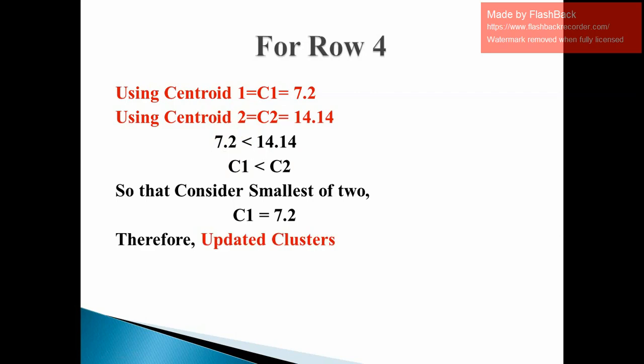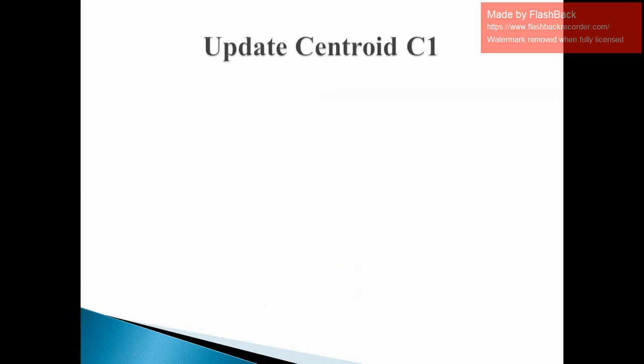So we are updating the cluster. As we selected the C1 cluster for row 4, cluster 1 will now be 1 comma 4, and cluster 2 will remain as it is because we have not selected cluster 2. So we are updating the centroid C1, because we have selected centroid C1 and we are using the value of row 4 for updating it.